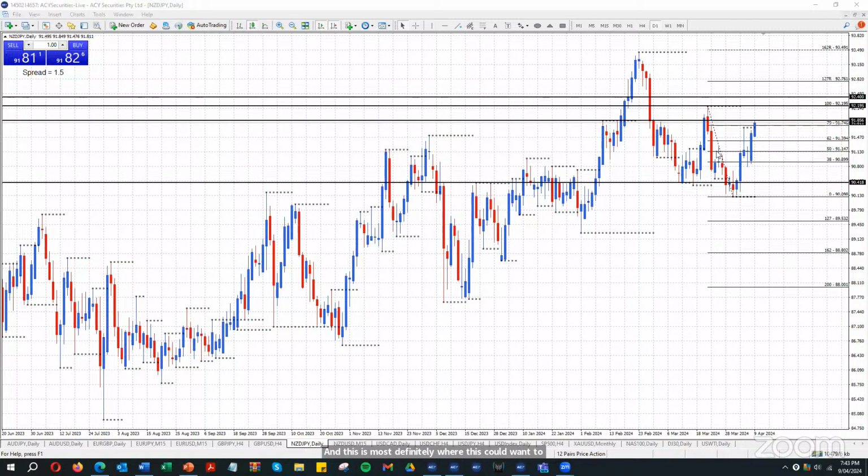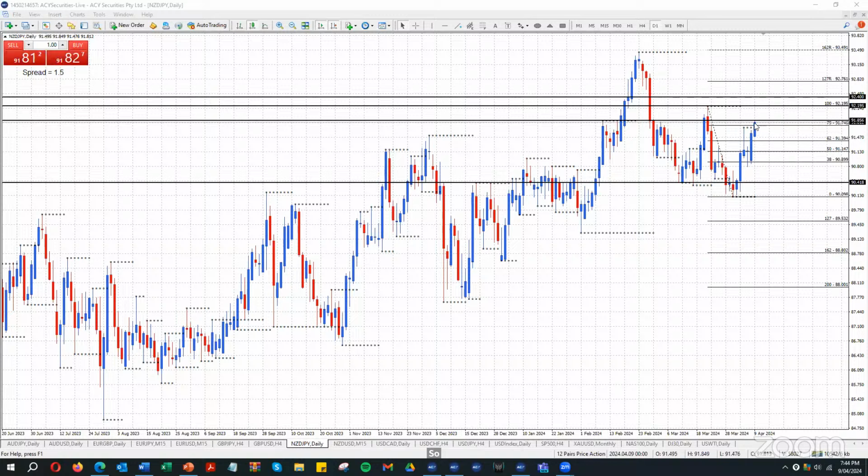So, you know, last month we traded down. We finished down about here, and then we just traded down to a new low this month. This could be where we put in the high of this month. So, most definitely, yes, you could.